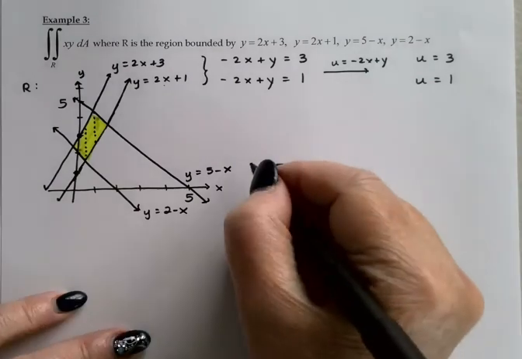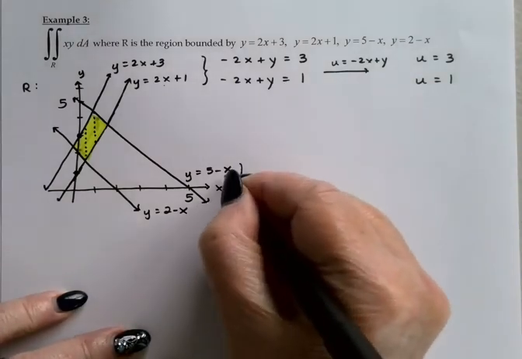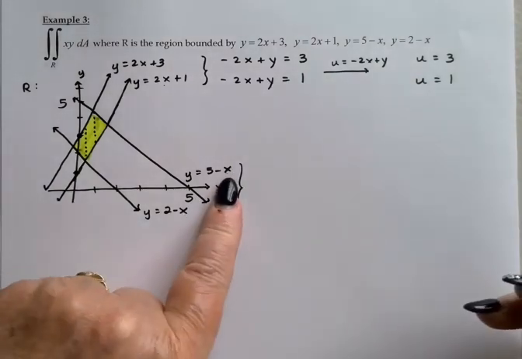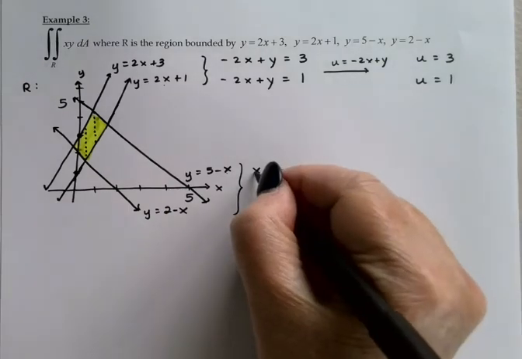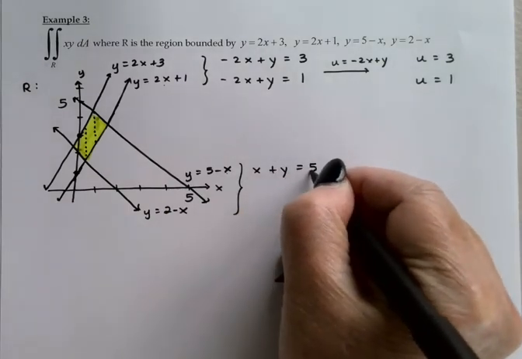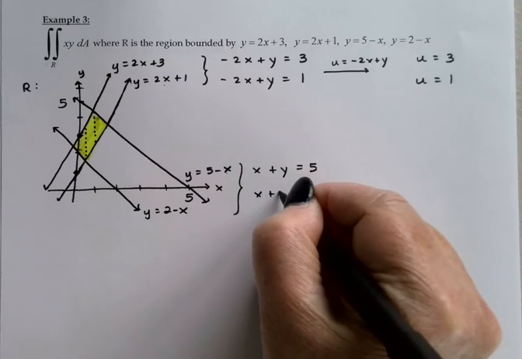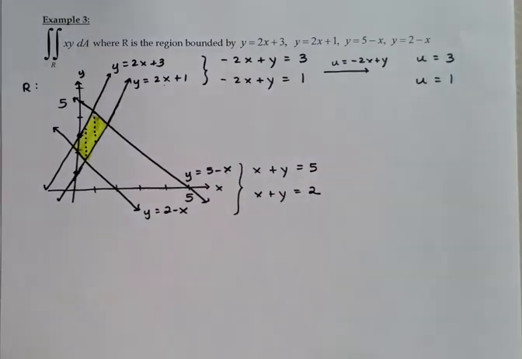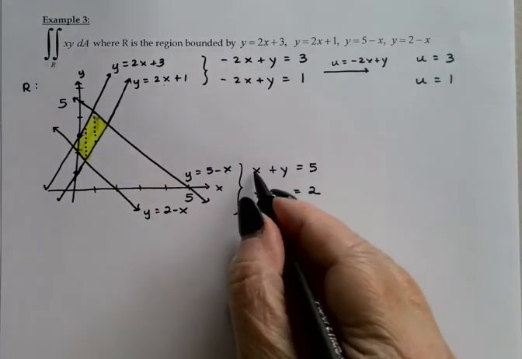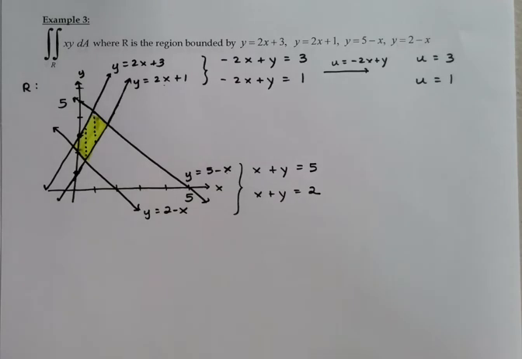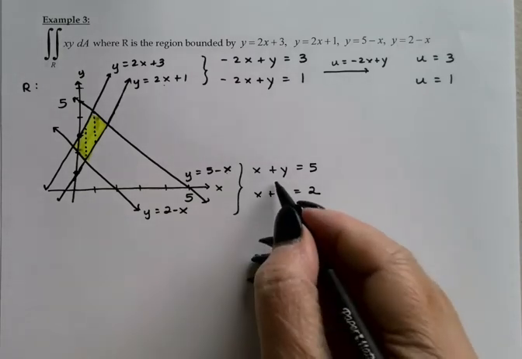I can do something very similar with these 2 equations. If I bring the x over, I would have x plus y equals 5. And down here, I'd have x plus y equals 2. Since the left-hand side is the same in both equations, I'm going to let my other variable, my v, be the x plus y.